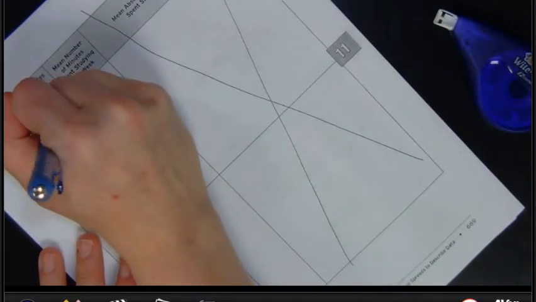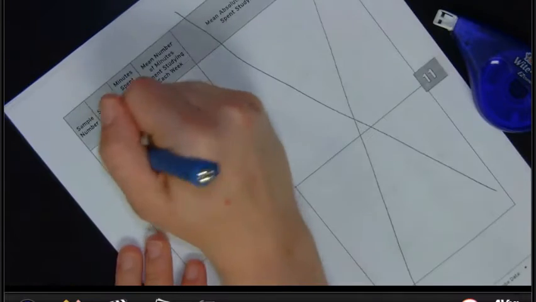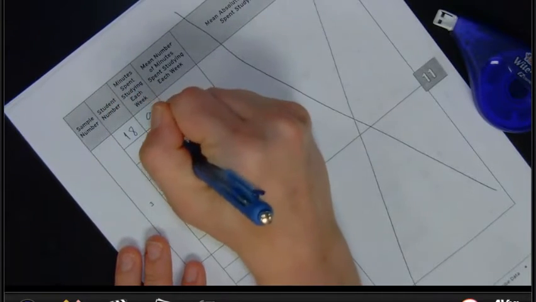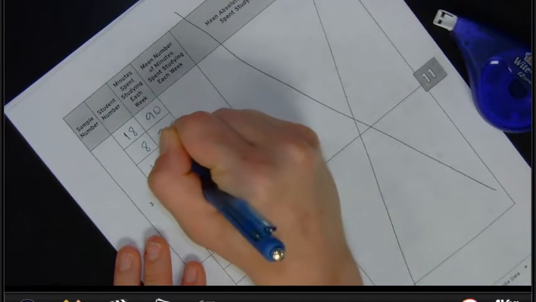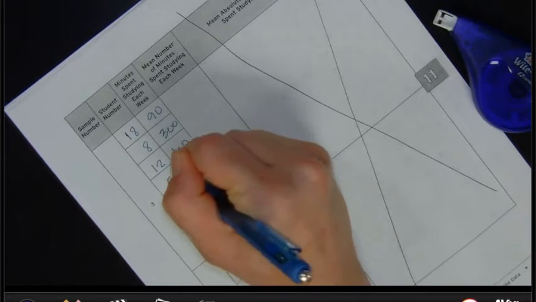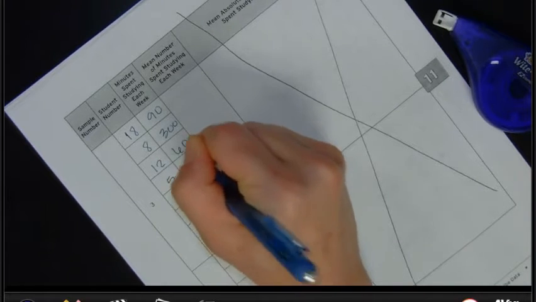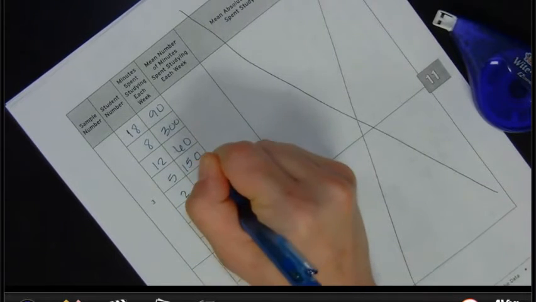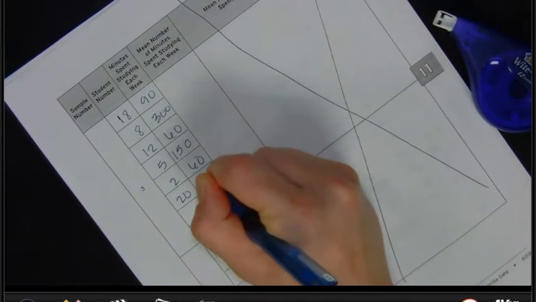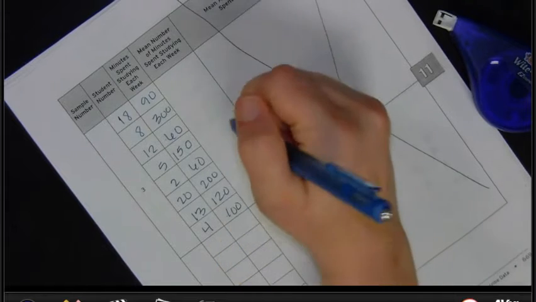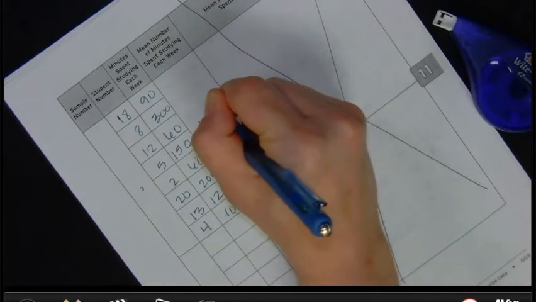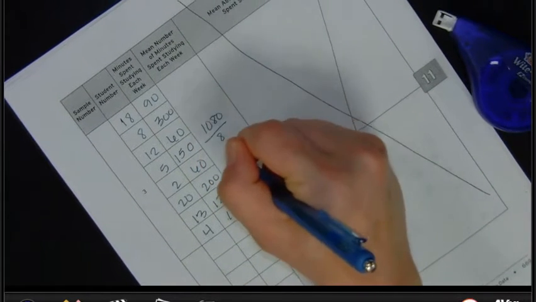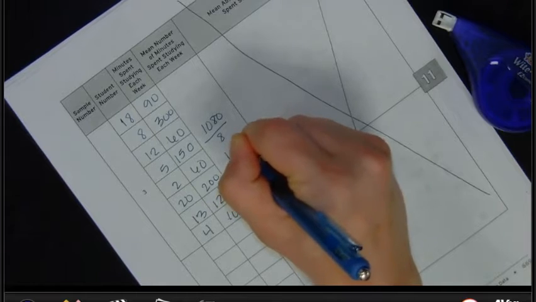So sample number 3, I have student 18 at 90, 8 at 300, 12 at 60, 5 at 150, 2 at 60, number 20 at 200, 13 at 120, and then 4 at 100. My average came out to be 1080 over 8, which is equal to 135 minutes.